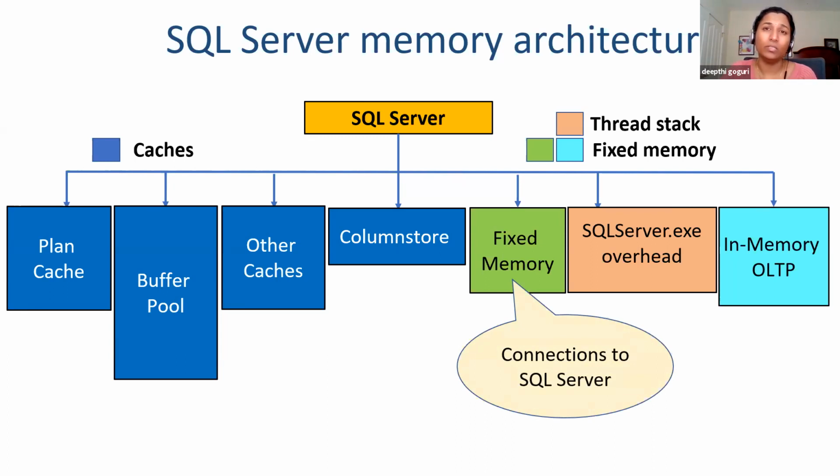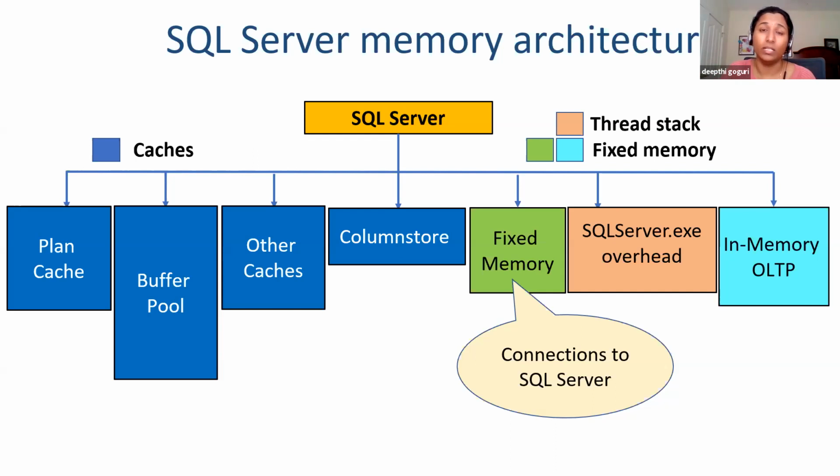This fixed memory cannot be shrunk or expanded when there is memory pressure, right? So what if our queries are requesting more and more memory grants, and what if this fixed memory gets full? In that case, fixed memory can't do anything. It can't expand or shrink.